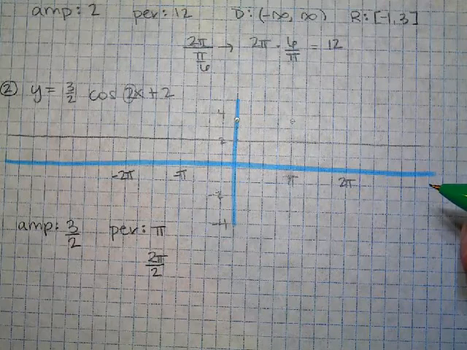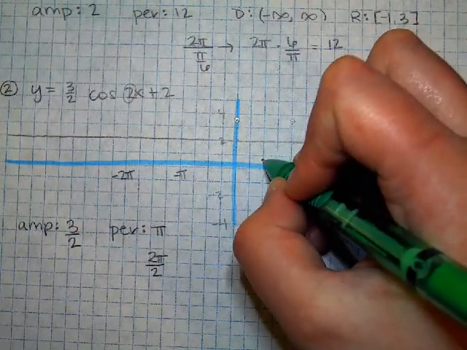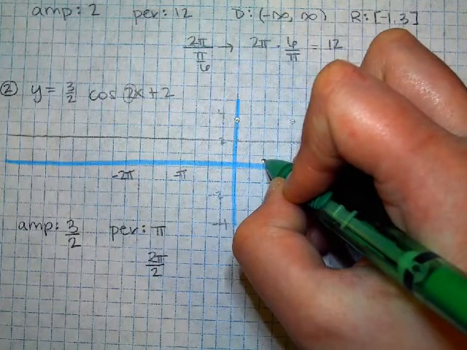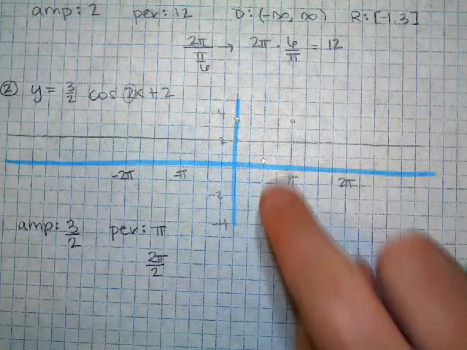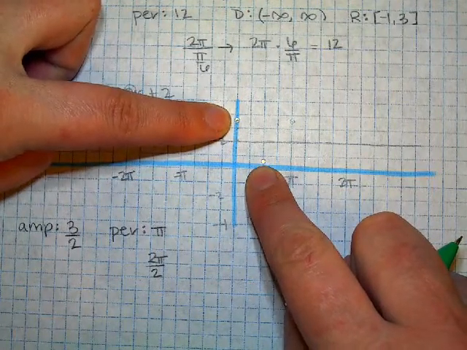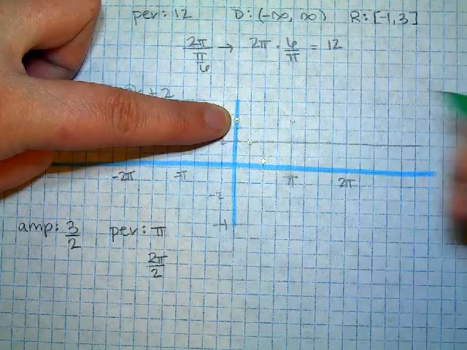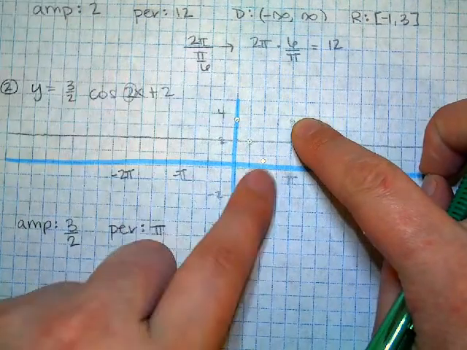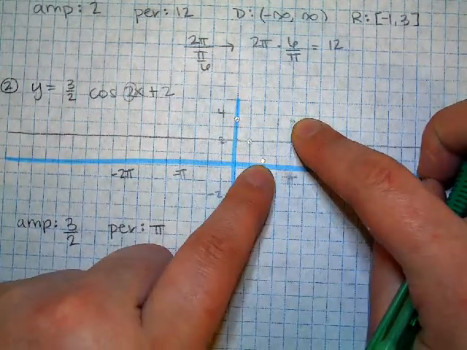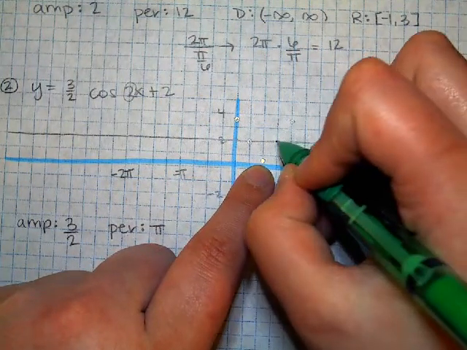Go down 1.5. And then between the first 2 points, what do we do? Cross the midline, hit the middle. And between the second 2 points, what do we do? Cross the middle, hit the midline. Okay? Beautiful.